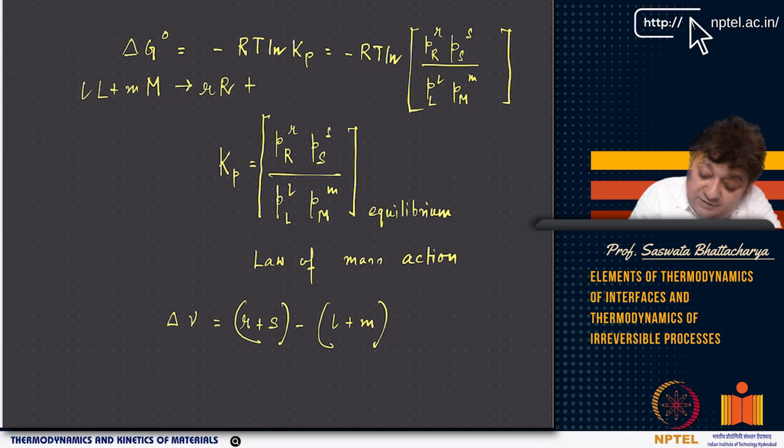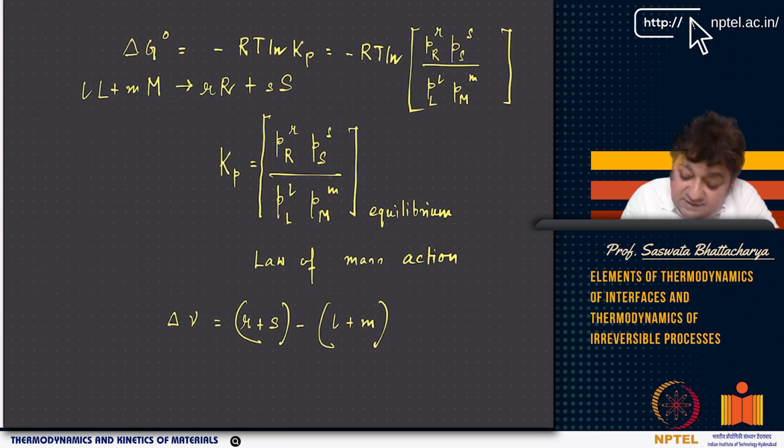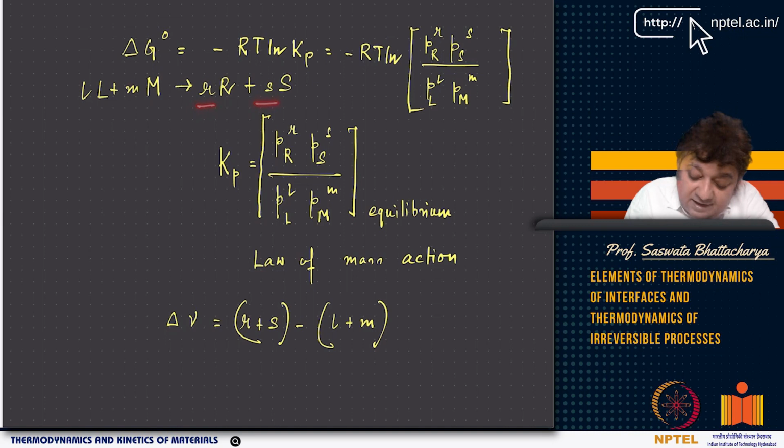So R and S are the products, this is a product, this is another product, and these are the reactants. L and M react. If you see, this is R plus S, and this is minus L minus M, and that is the delta nu, or sum over all nu.